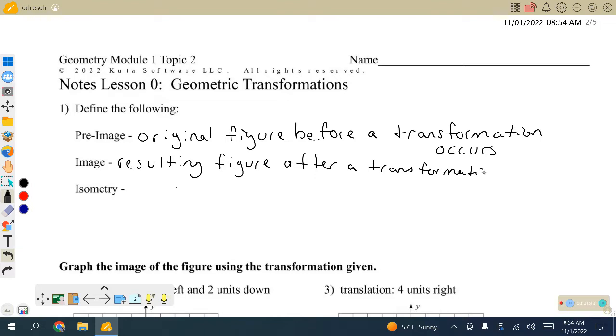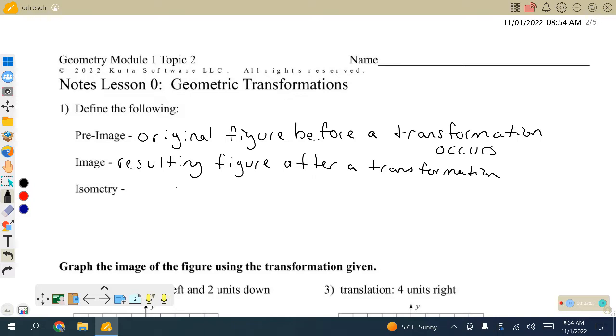And as we'll see over the course of the next few weeks, we'll see more than one transformation happening at a time. That gets a special name when that happens. But we have a pre-image we start off with, something happens to it, and then we drop the pre, and then we have an image.